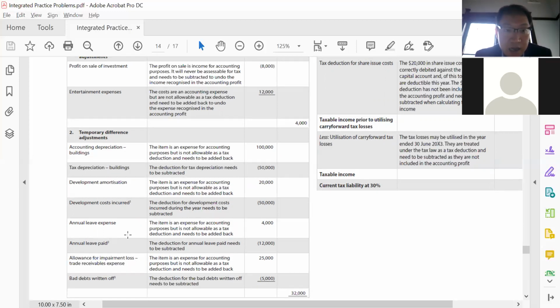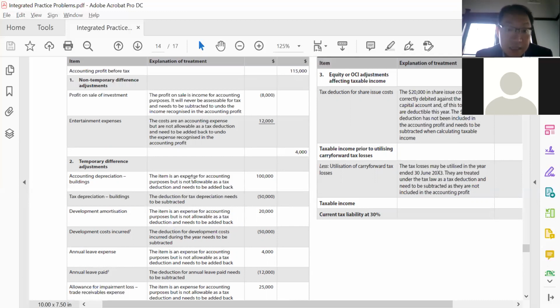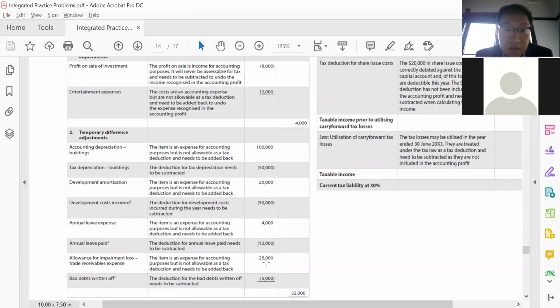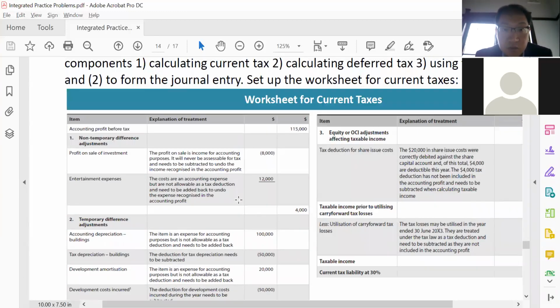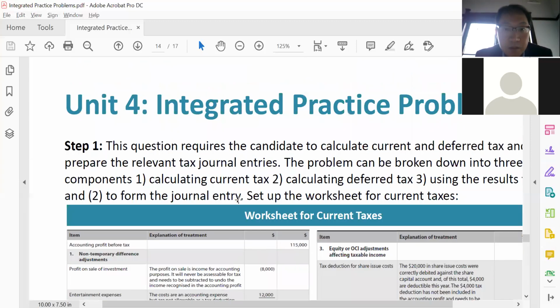which accounts impact annual leave, they are going to be annual leave expense, and annual leave, like a leave liability, okay? So these are going to be the items that we need to investigate in order to calculate this 12,000 amount. So let us do that.